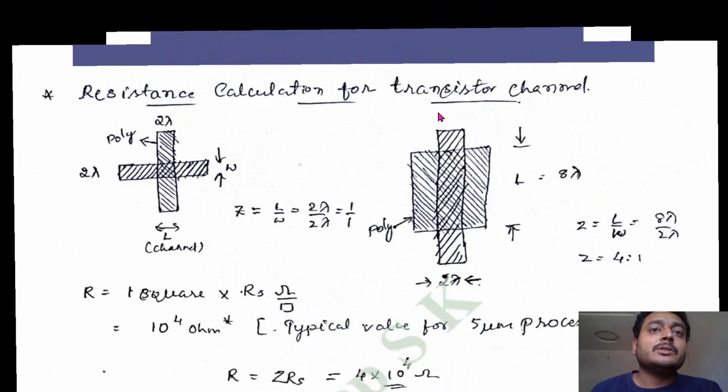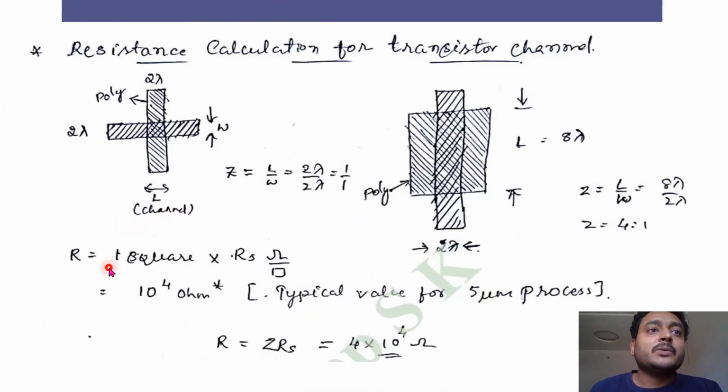We have only one square, where L is equal to W, the ratio is 1, so Z is equal to 1. The total R is equal to Z into RS, and Z is 1 here, and RS is 10 to the power of 4 ohms per square. This is for the 5 micrometer process.